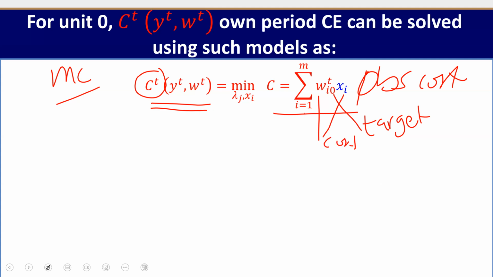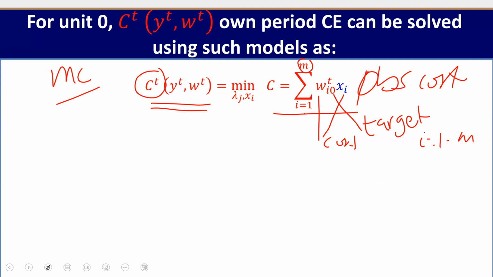Why do I have the summation, and why is the summation to M? Because the inputs are I, and it is from 1 to M. So the M is indicating the number of the inputs. If the inputs are 7, then I have to multiply each input price by the input itself and then sum them. Then I'll get the total observed cost.